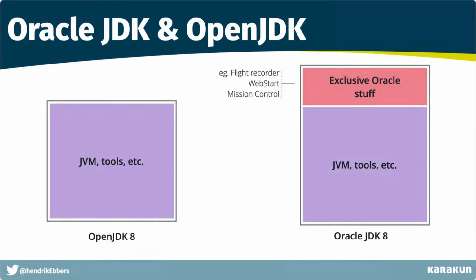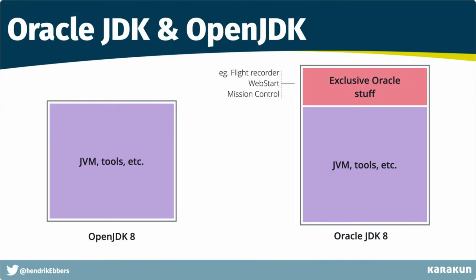And what you got from Oracle was not exactly what was defined in the OpenJDK. Because as you can see, next to the JVM and the tools and APIs that are part of the OpenJDK, Oracle added some additional content, features to the Oracle JDK.